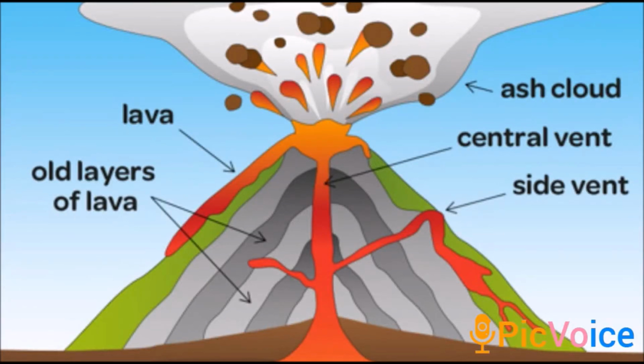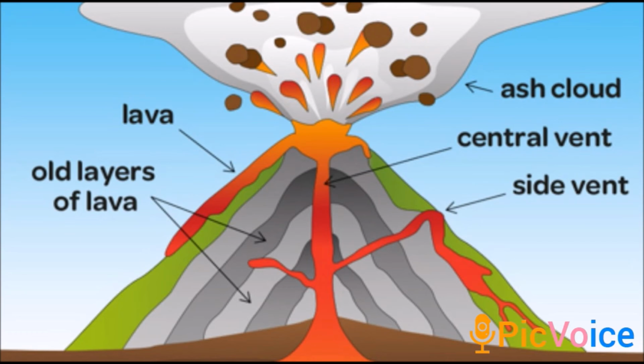So next, this is the picture of volcanic mountains. So how are they formed? Due to the heat inside the earth, the rocks will turn into lava like fire. It will be turning into lava, and sometimes it will come out through a small opening. After the lava is coming out, it will become solid.